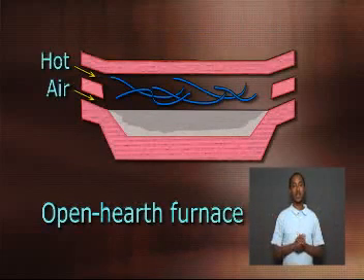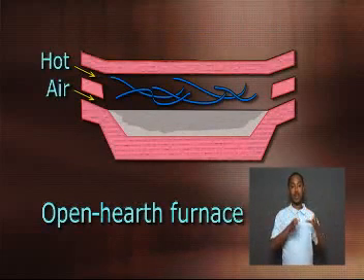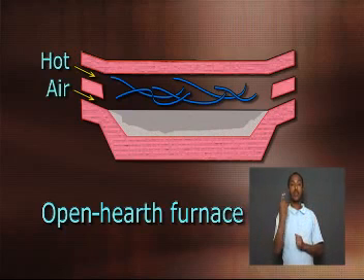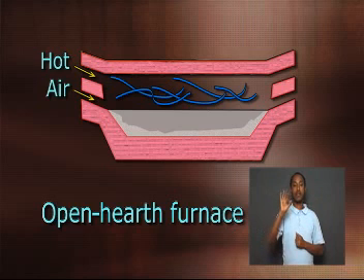Let us move on to the open hearth furnace method. It uses a large, shallow hearth, which is usually lined with a basic oxide refractory of magnesium oxide and calcium oxide. The furnace is charged with a mixture of pig iron, ferric oxide, scrap iron, and limestone.